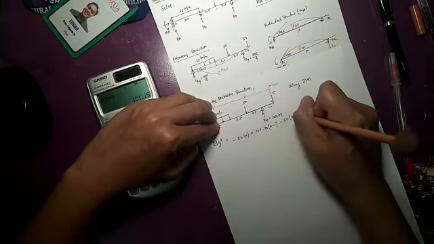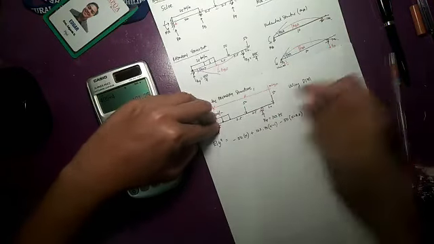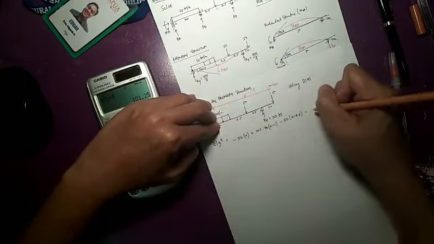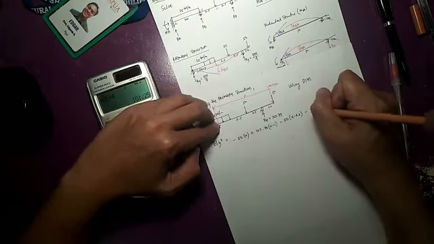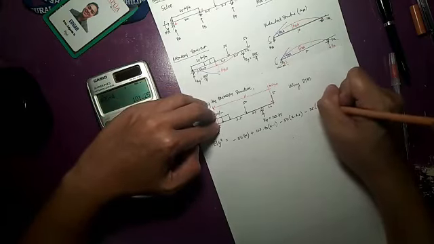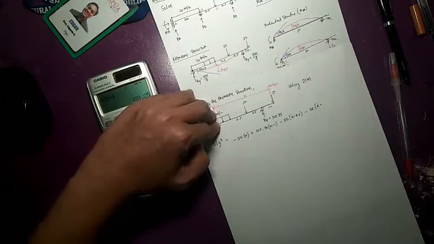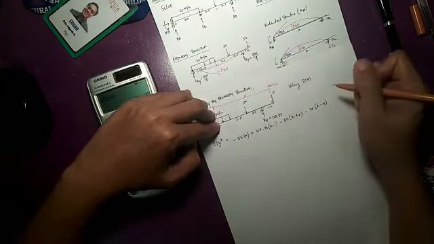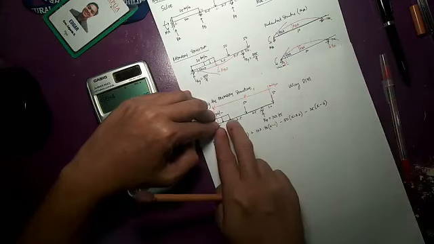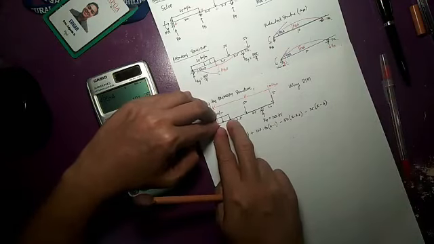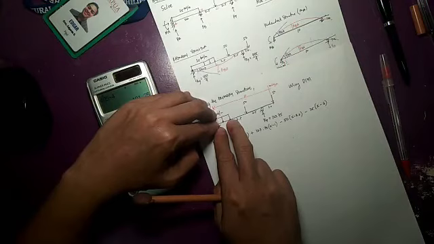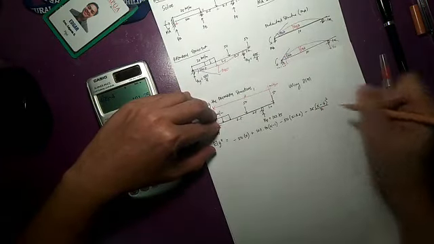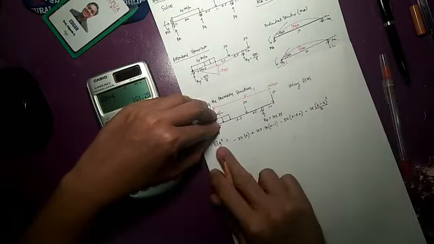The uniform load is clockwise, so that would be another negative, and the uniform load is 25 times x minus 6. Okay, so x minus 6 is this one. Then the moment arm would be x minus 6 over 2, so that would be squared over 2. So that would be my moment equation.